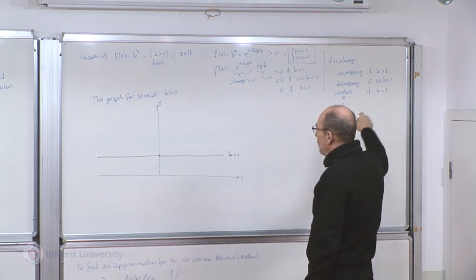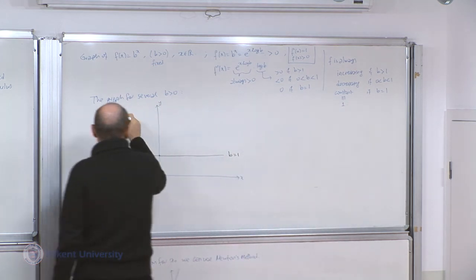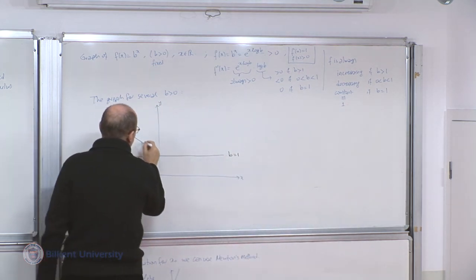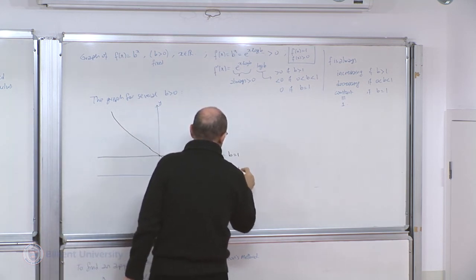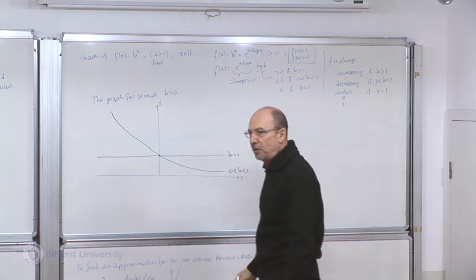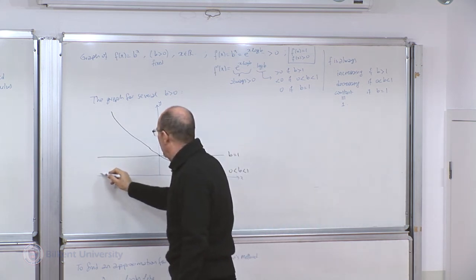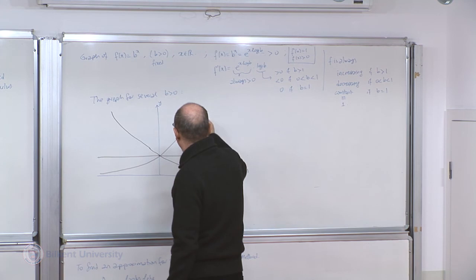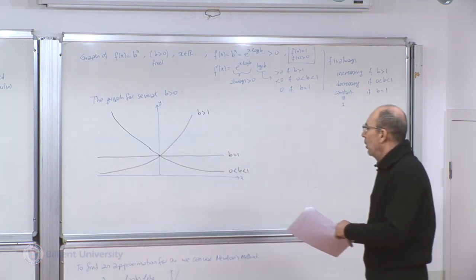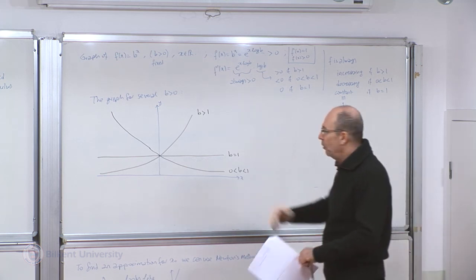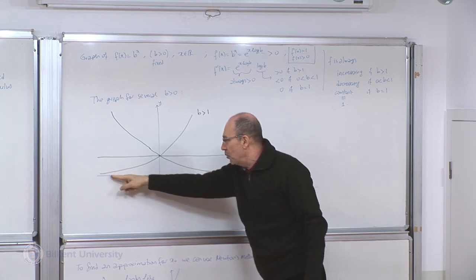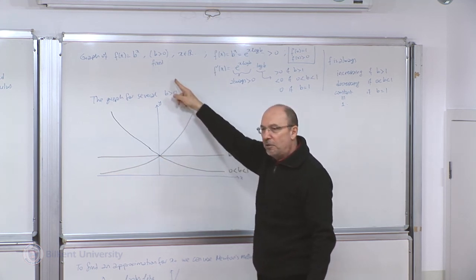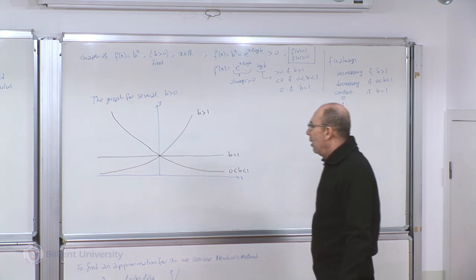If b is between 0 and 1, the graph will be something like this, because the function is decreasing, and otherwise the function will be something like this. This is b greater than 1. In the book you can see several of these. As b increases, of course, the function becomes sharper, so it stays very close to the axis and then suddenly increases.